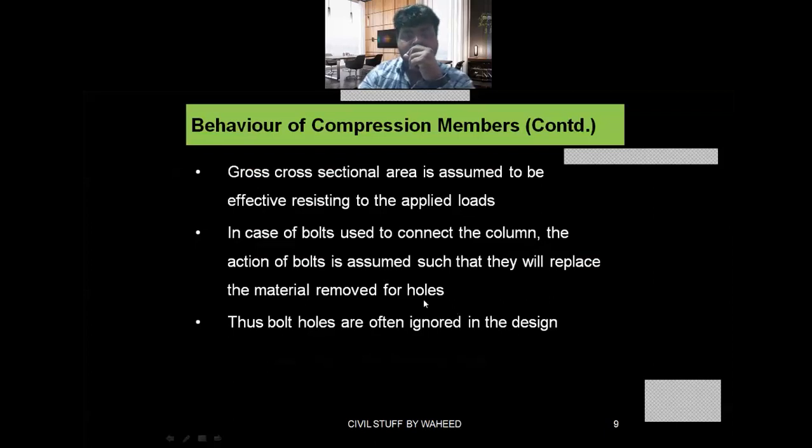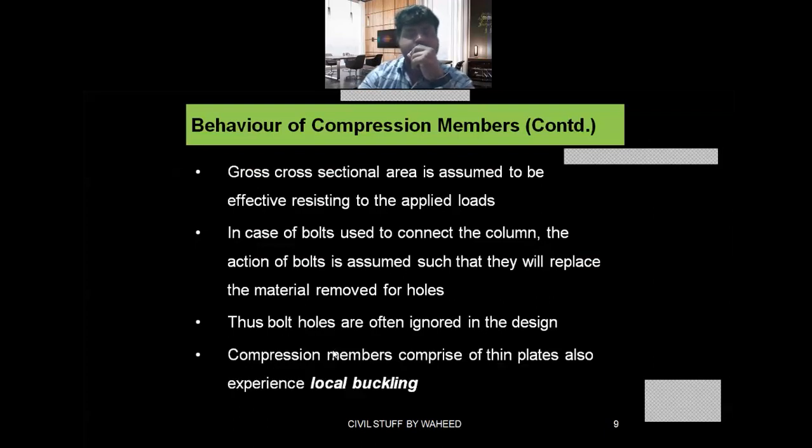Means whatever the material removed from the holes made in the column will be replaced by bolts, which will take the load as the gross cross section. But while designing, we ignore the bolt holes made in the member.